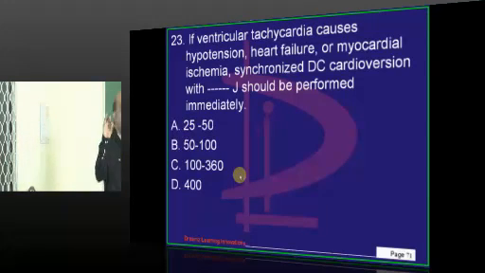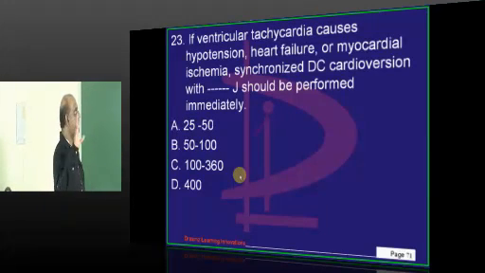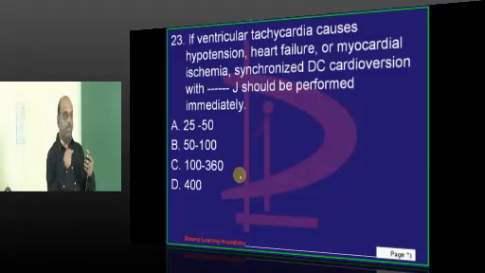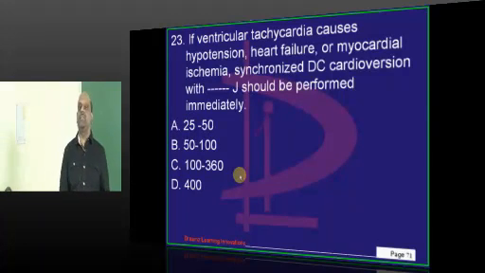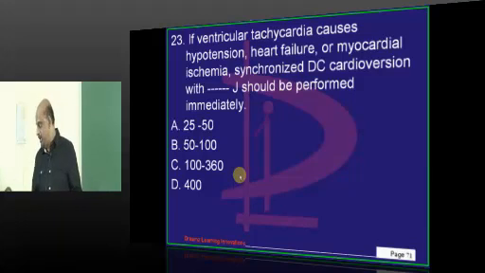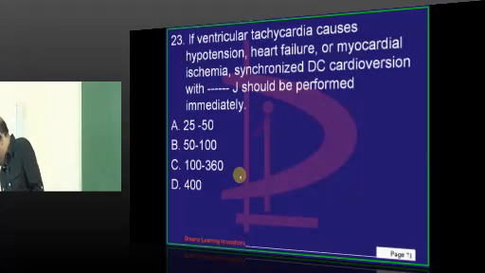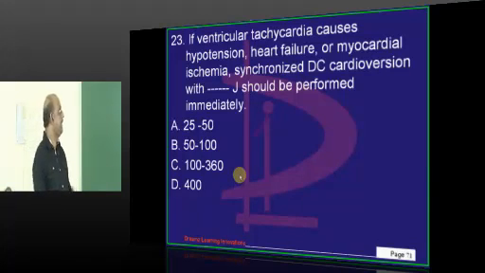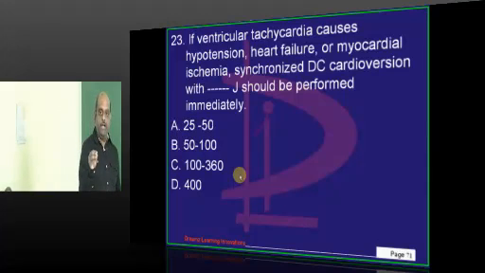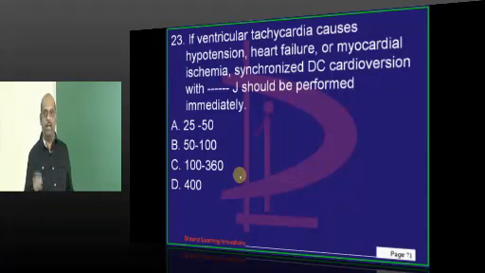If VT causes hypotension, heart failure, you want to give DC cardioversion. How many joules of cardioversion do you deliver in order to manage a case of VT? Who will give the correct answer? Question number 23, one confident answer. Is it 50 to 100, 100 to 360, 400?